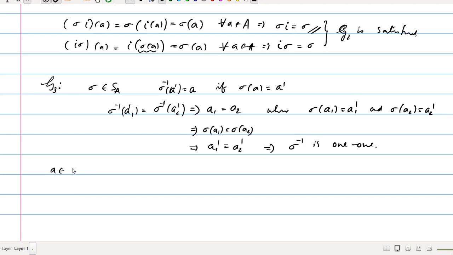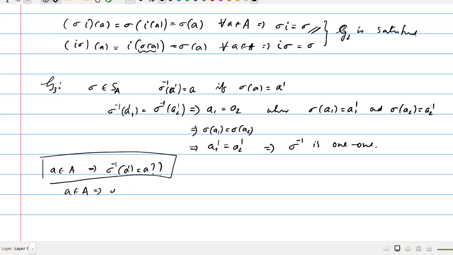because if we take any A belonging to A, we have to find that sigma inverse of some A prime is equal to A. So we start with A belonging to A. We know that sigma A is also an element of A. But what is sigma inverse of sigma of A?